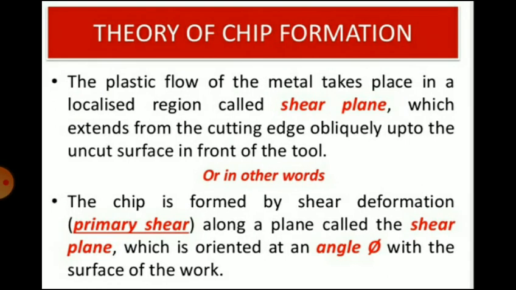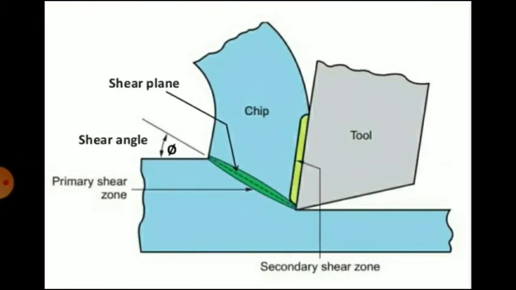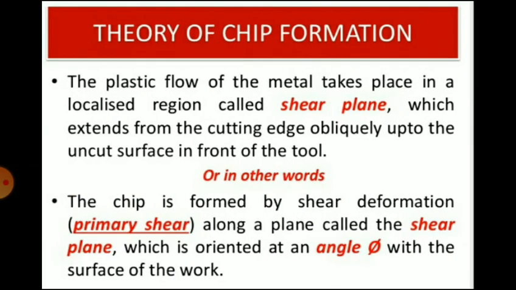The plastic flow of the metal takes place in a localized region called a shear plane. You can see the shear plane, the dotted line shown in the green zone, which extends from the cutting edge obliquely up to the uncut surface in front of the tool.